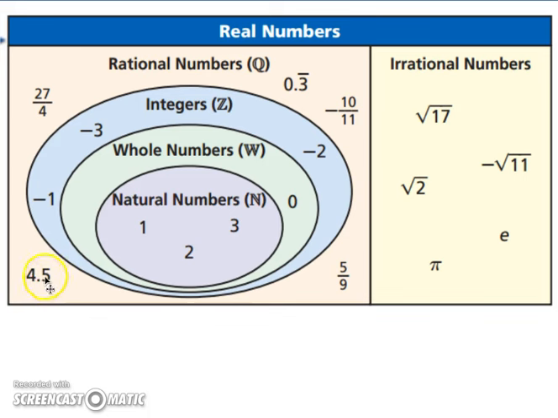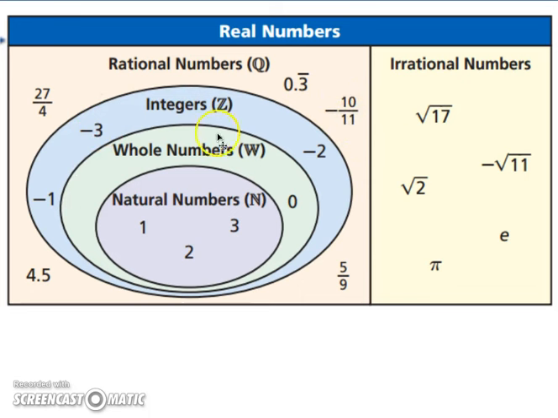Just because it has a negative sign doesn't make it an integer. An integer has to be either a whole number or like a -1, a -3. As soon as you're making it into like a fraction, so it's like 10 over 11.